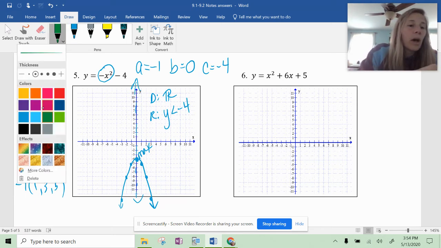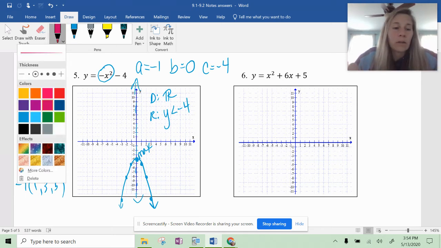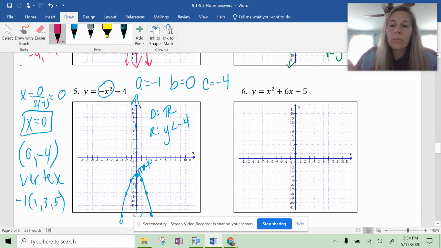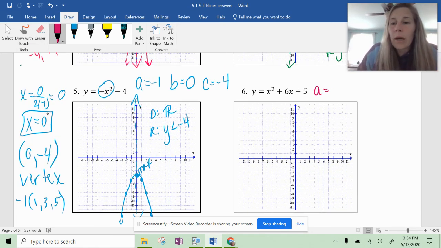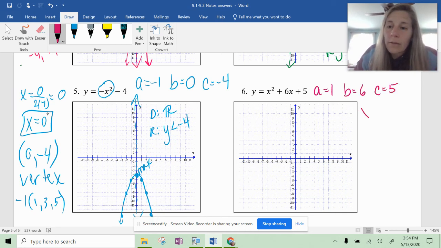All right, and then we've got one left to do together here. So my A is +1, my B is +6, and C is +5. To find that x, I'm going to do -b over 2 times A. So -6 over 2 gives me an x value of -3.